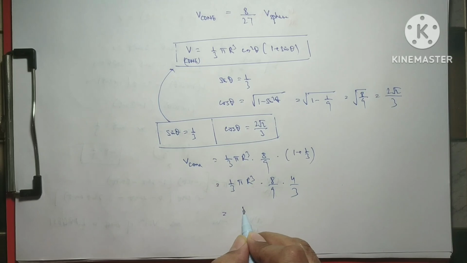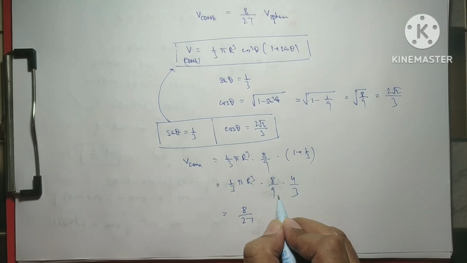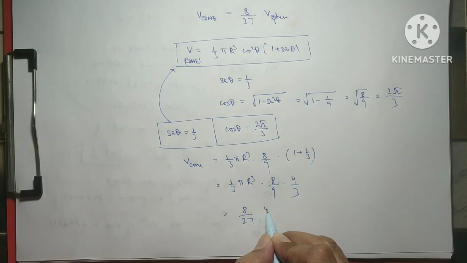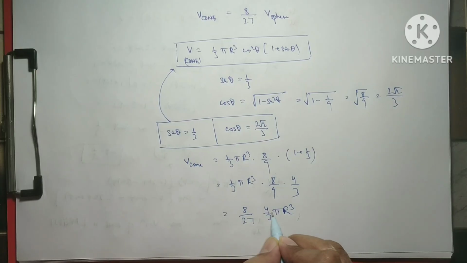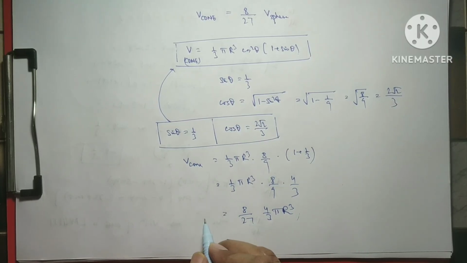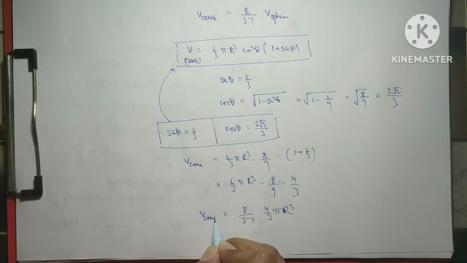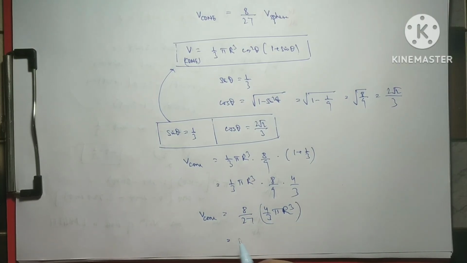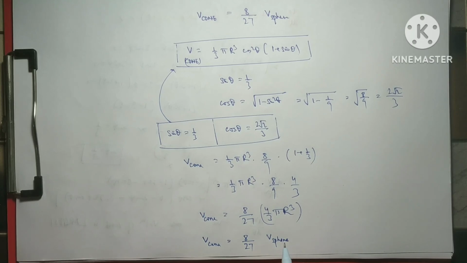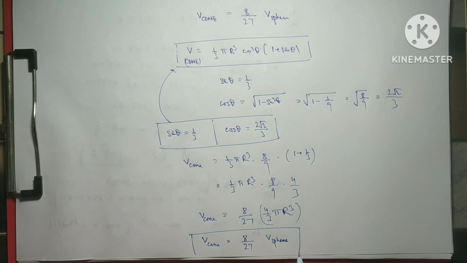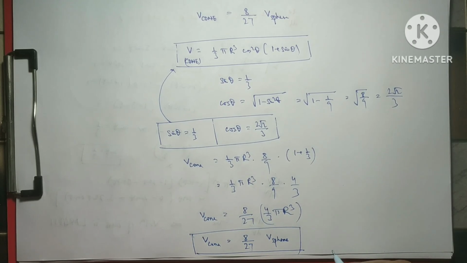We can extract this 8 over 27. This is 8 and this is 27. So we will collect this, and the remaining part is 4 by 3 pi r cube. You know, this is the volume of a sphere, so it is the volume of the cone, and this is the volume of a sphere. So V cone is 8 by 27 times the volume of a sphere. So hence proved. This is our required desired result.